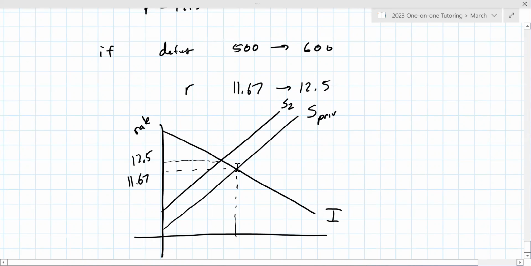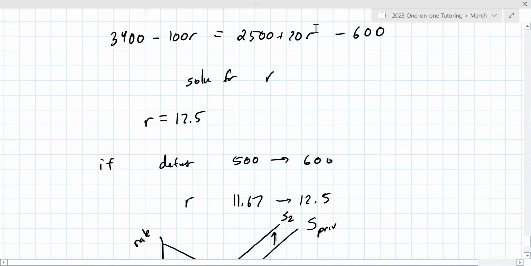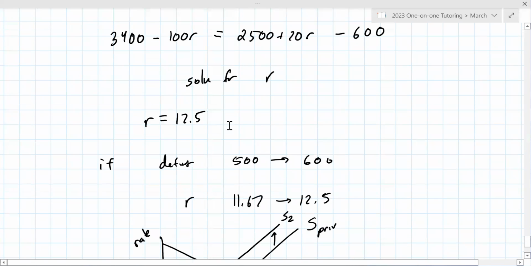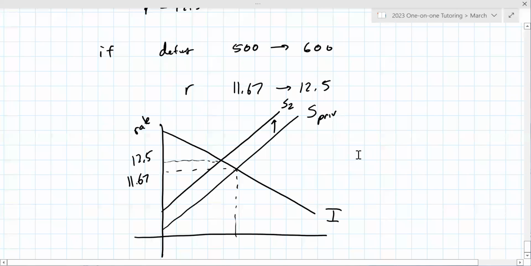The solution shows that it goes up, but the math doesn't, like you just said. Where does that come from? For it to move up, this intercept also has to go up. I'm sorry, I don't have a good answer for that. Maybe you can send an email, get that answer.